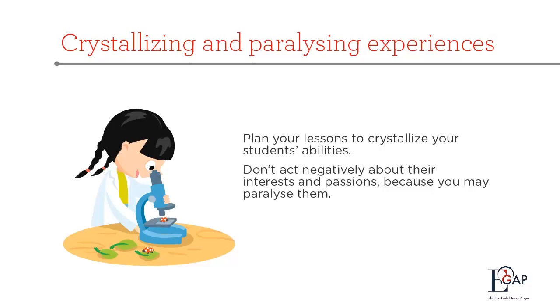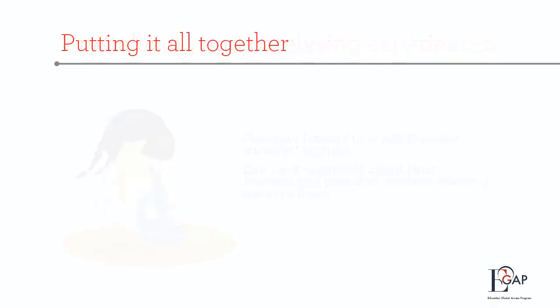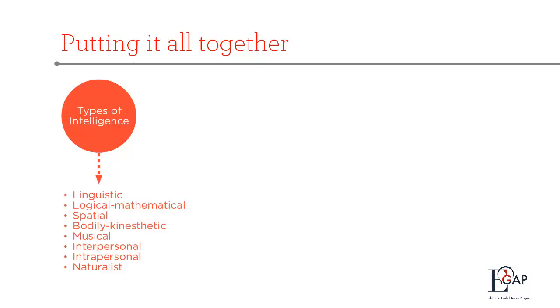And don't act negatively if that student decides to bring in a spider or a worm to look at, because you might create a paralyzing experience which will stop that child from reaching his or her full potential later in life.